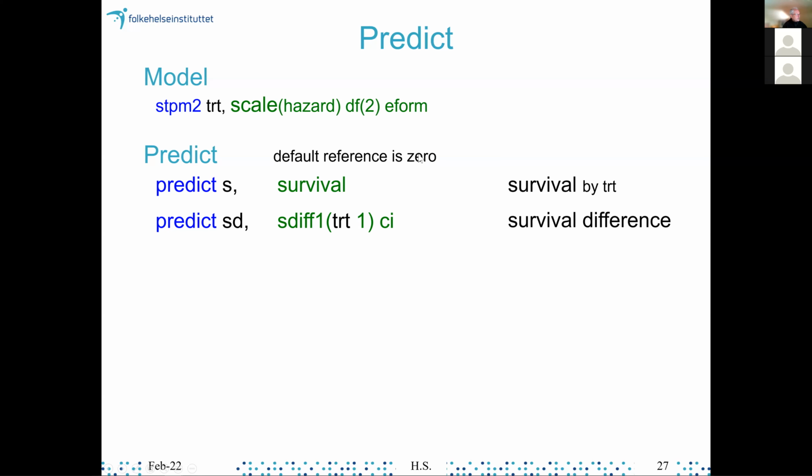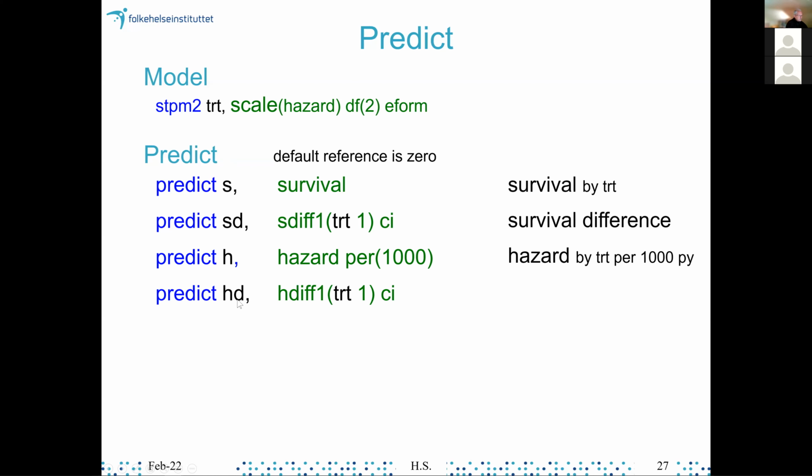It's always 0 at the reference. And this is with confidence intervals. We can predict hazards by the hazards command. You can also put in per 1,000 person years to scale the hazard. And again, this is hazards by treatment, since treatment is in the model.